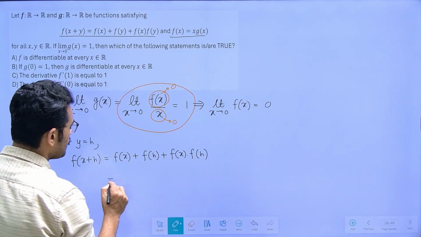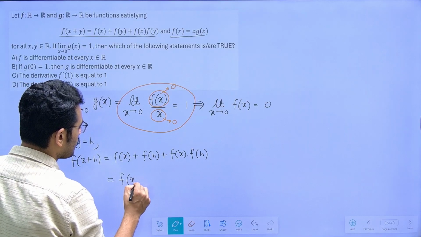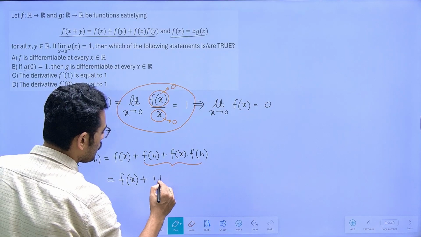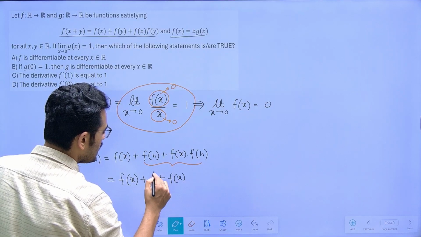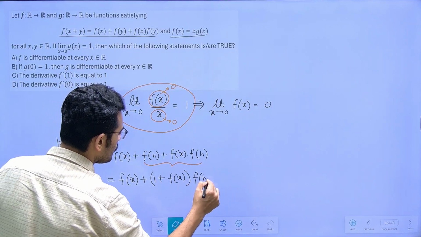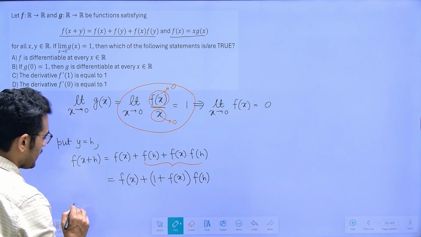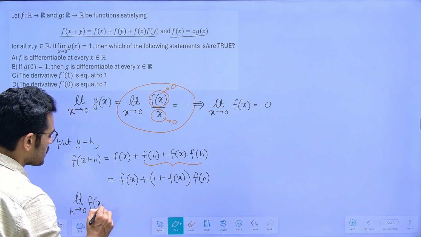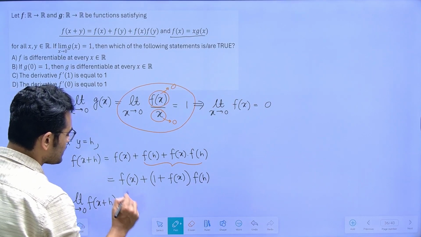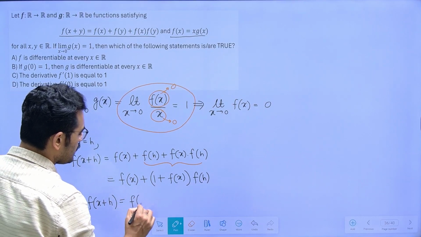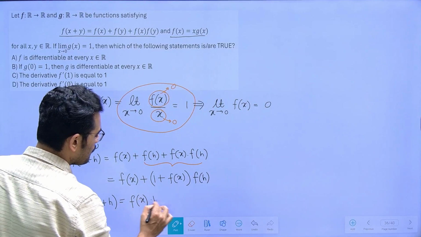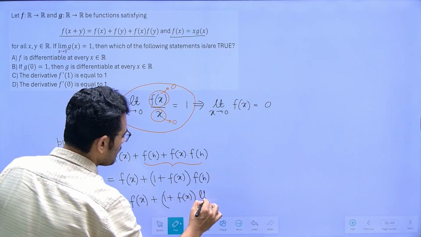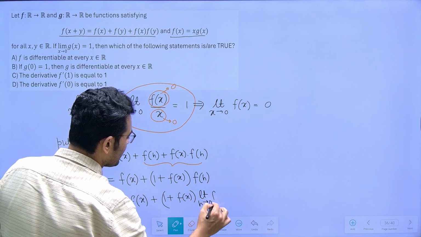On the right hand side, we can write it as f(x) plus, from these two terms f(h) common, 1 plus f(x) into f(h). Now let us take limit on both sides. Limit h tends to 0, f(x+h) is equal to f(x), this is independent of h, plus 1 plus f(x) into limit h tends to 0, f(h).